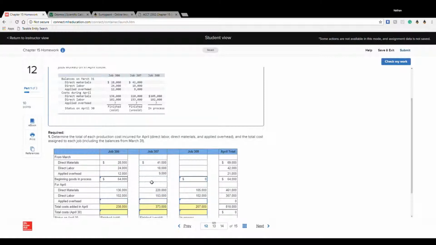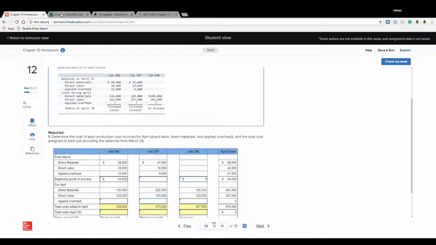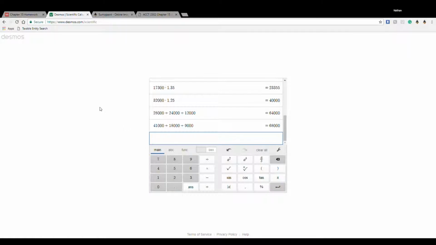Okay, do the same thing with 307. We calculate 41,000 plus 18,000 plus 9,000. I think that was the third one. Yeah. So we have 68,000.